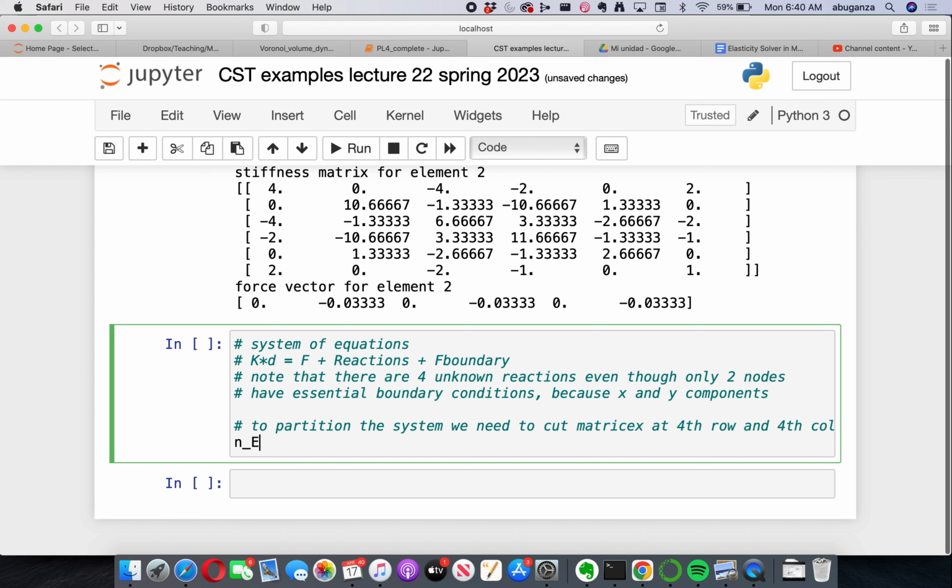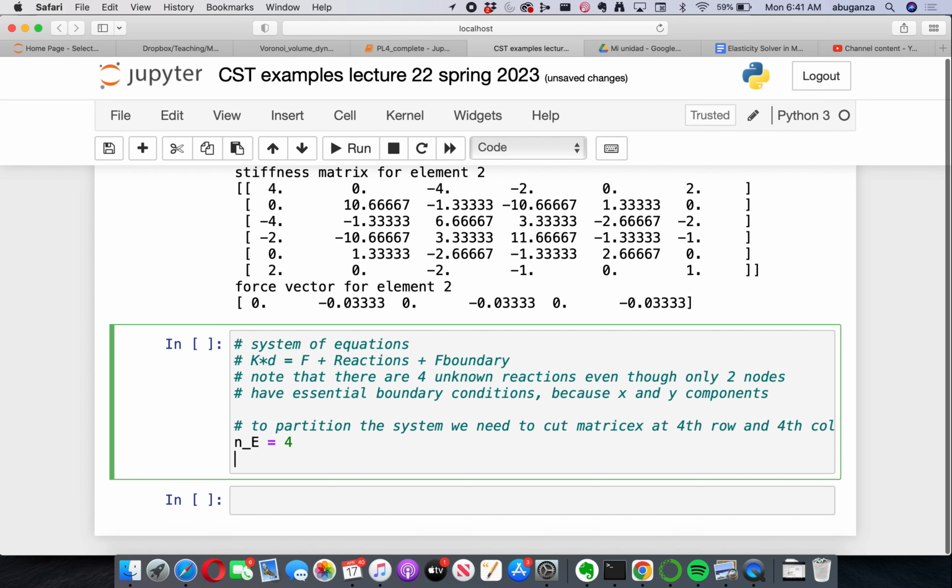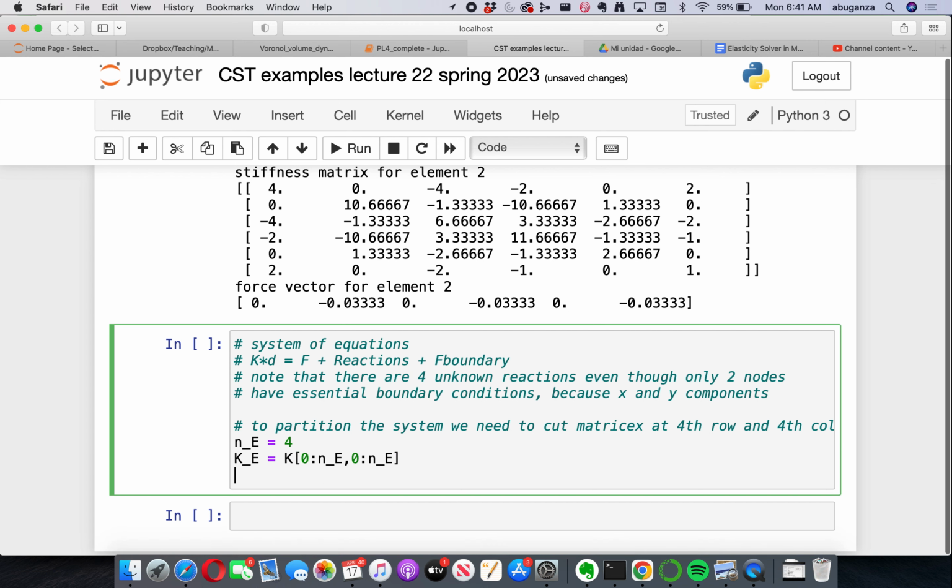If you go back to all the examples where I've done the partitioning, NE is actually going to be 4. Even though there are two nodes with essential boundary conditions, I will cut at 4. So my KE is going to be the K from 0 to NE, 0 to NE. The partitioning looks the same.